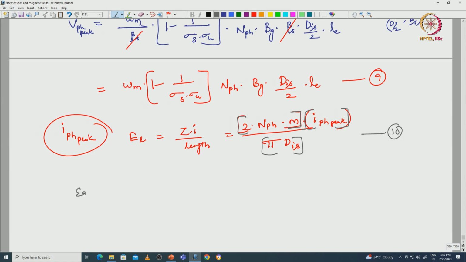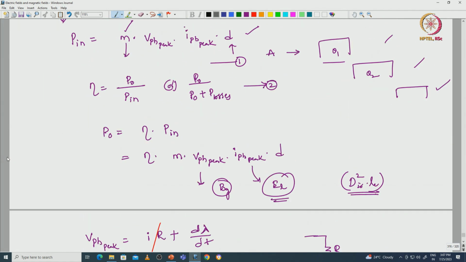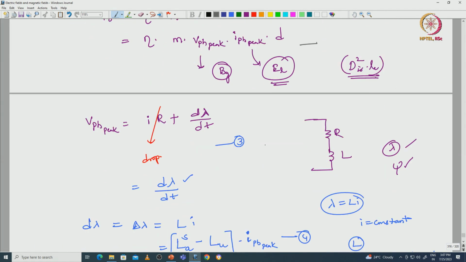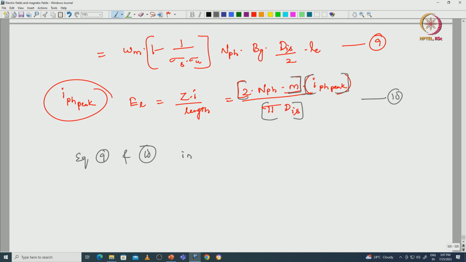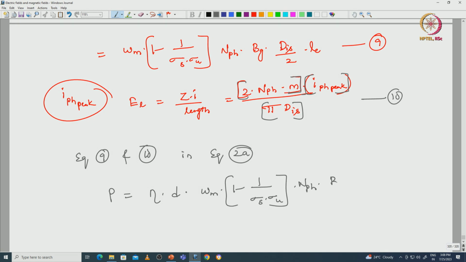If we substitute equation number 9 and 10 in the power equation, that is equation number 2a, then power is equal to efficiency into duty cycle into omega m, with V phase peak substituted here, into 1 minus 1 by the inductance ratio product sigma s into sigma u, into N phase into Bg dis by 2 into Le, and I phase peak is equal to what?